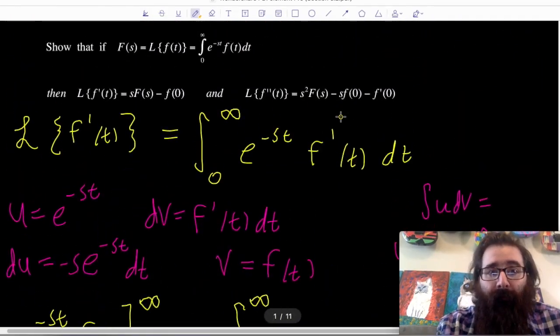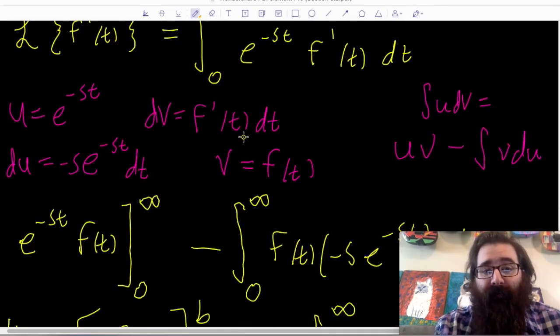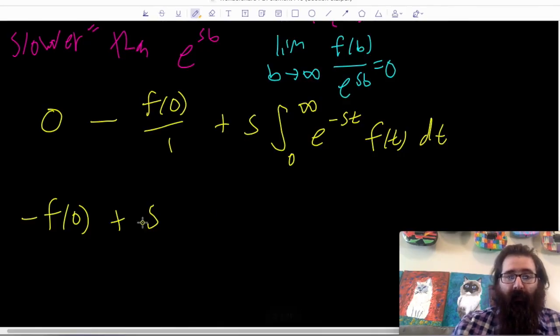If I go back here, we said at the very beginning, Laplace transformation on little f at t is the improper integral from 0 to infinity of e to the minus st times little f at t dt. And I have the expression right in my answer. So this is negative little f at 0 plus s times the Laplace transformation of little f at t.